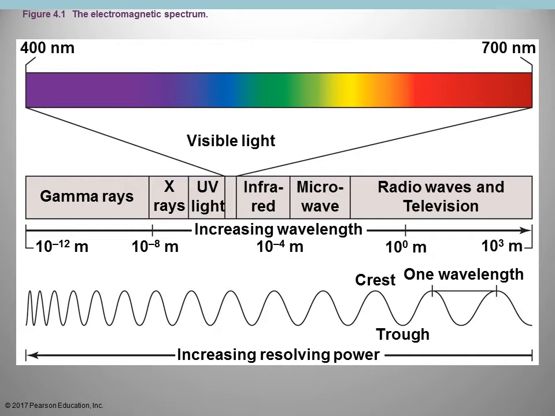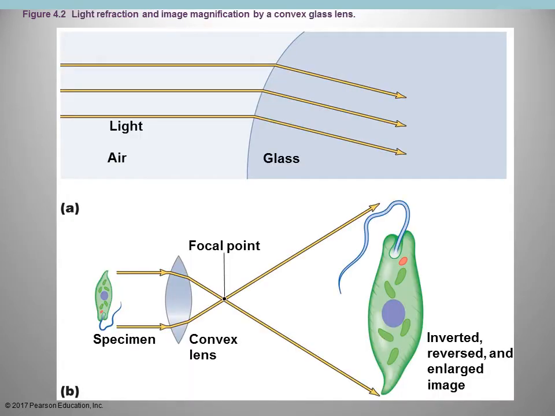And so different microscopes are going to be able to use different forms of this. A light microscope is going to be within that visible light range, but then we extend down from that. Basic physics says that whenever light passes from one medium to another, it is going to be bent. It will continue on, but at an angle.